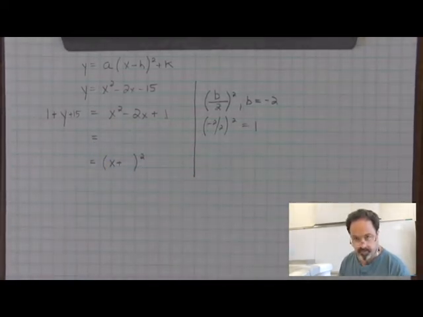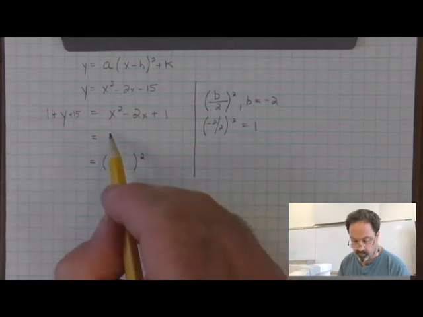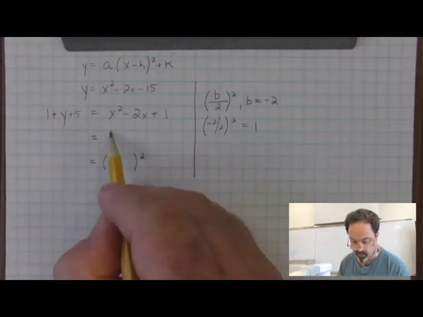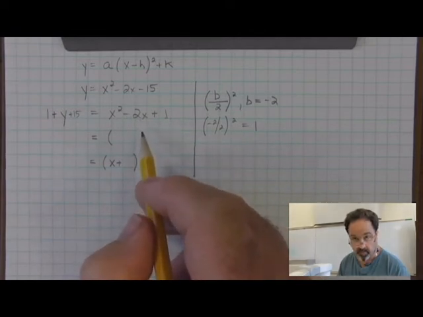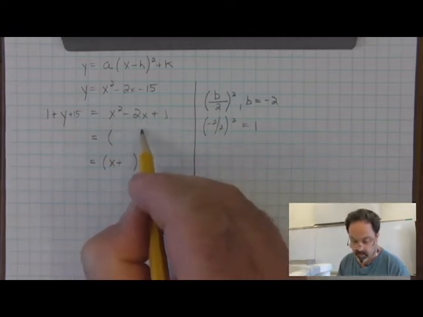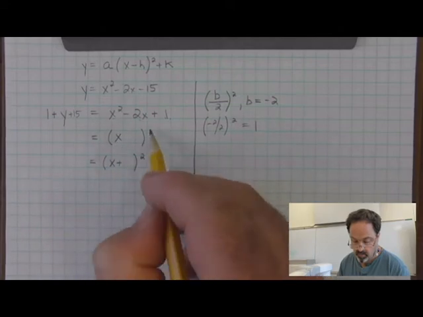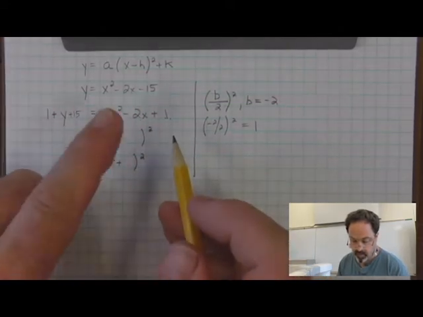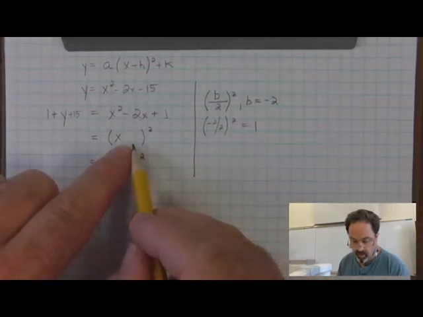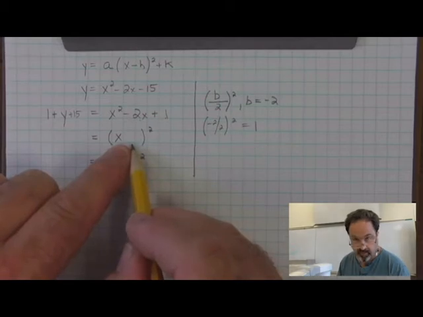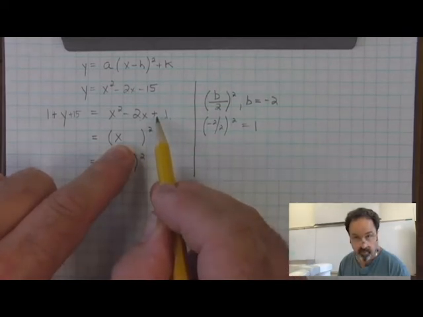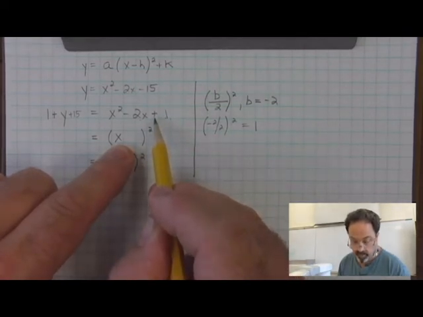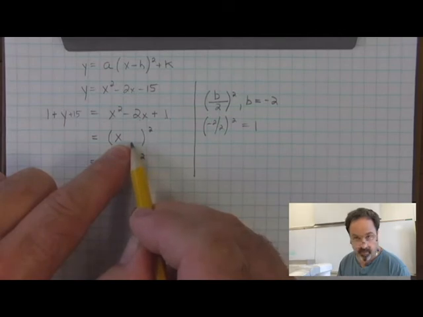How did that help? Well, I can change this into a square because I can now find a number to add to x that, when all of this is squared, will reproduce what I started with. But how do I know what to add here?